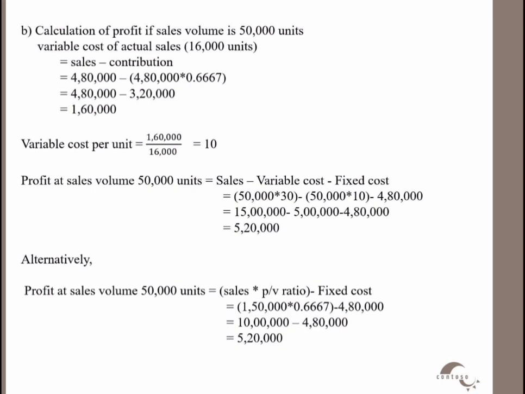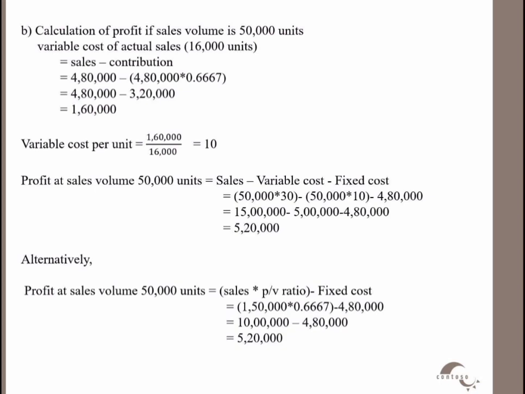Profit at sales volume 15,000 units is sales minus variable cost minus fixed cost. That is 15,000 units, the sales volume, into 13 per unit, the selling price, minus 15,000 into 10 per unit, the variable cost, minus fixed cost 4,18,000, that is equal to 5,20,000.